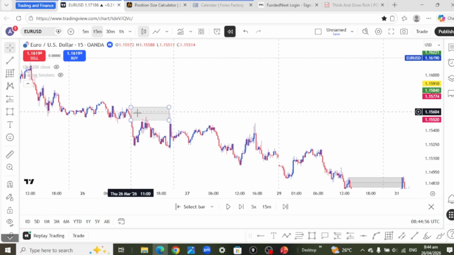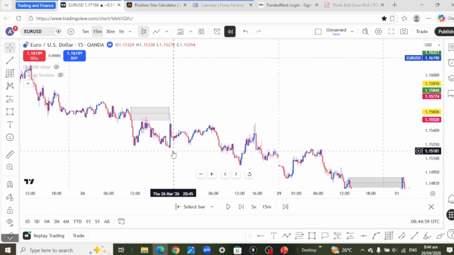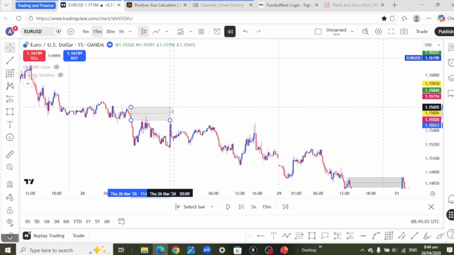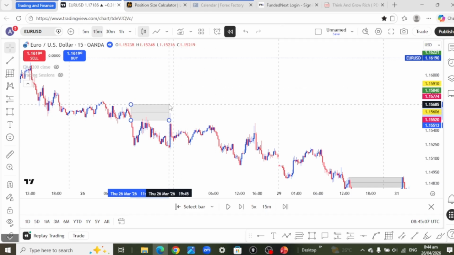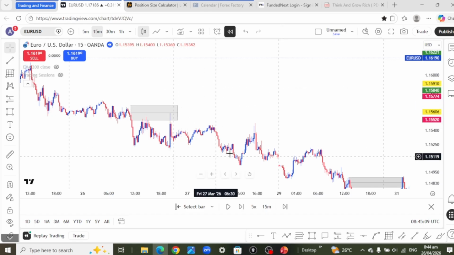You can see how the order blocks have been played out. This is another scenario here.